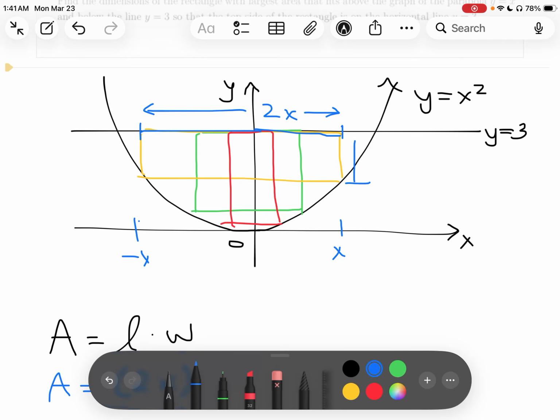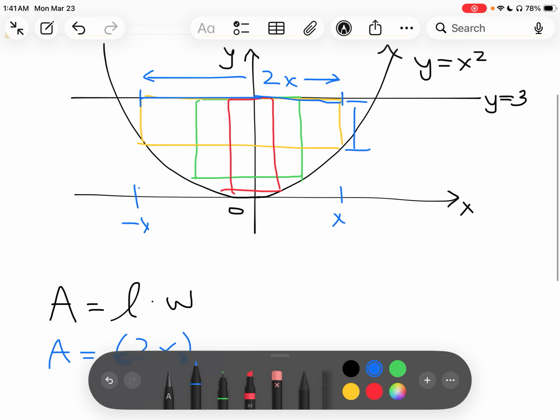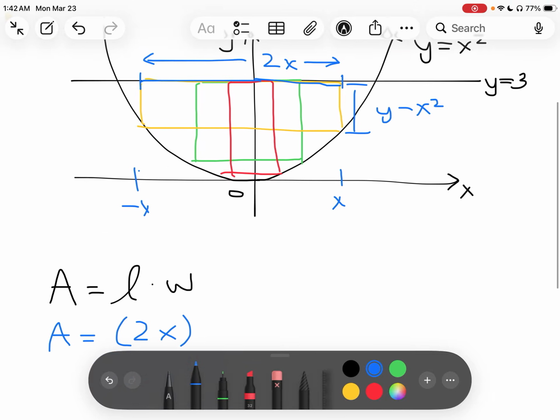And what is this height? The height would be y minus x squared, the line above and the line below. So that's the height.